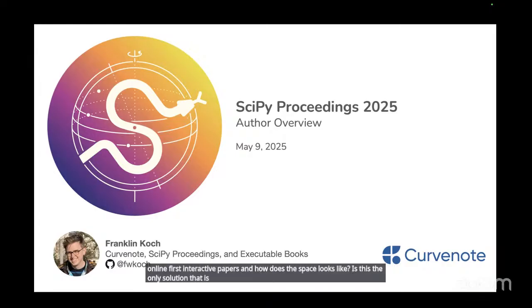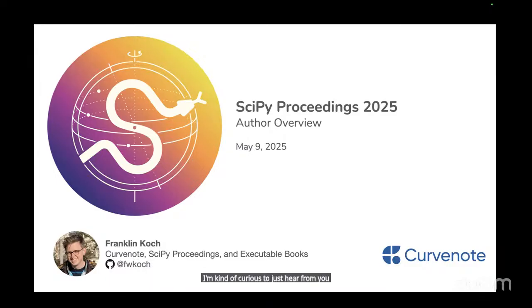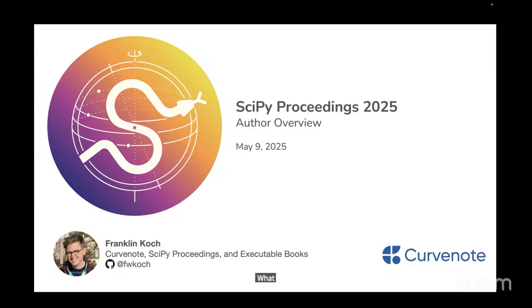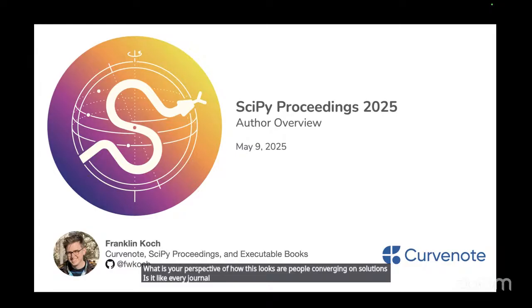Are there other solutions that journals are looking at? I'm curious to hear from you, since you have been in this space for a bit. What is your perspective? Are people converging on solutions, or is every journal or every interactive documentation a very fragmented space? How do things look?